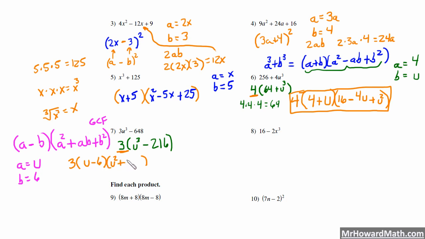And then it's just ab, so in our case we'll put 6u. And then this term is always positive, and that is b squared, so 6 squared is 36. So we have 3 times the quantity u minus 6 times the quantity u squared plus 6u plus 36. That is the difference of two cubes here.